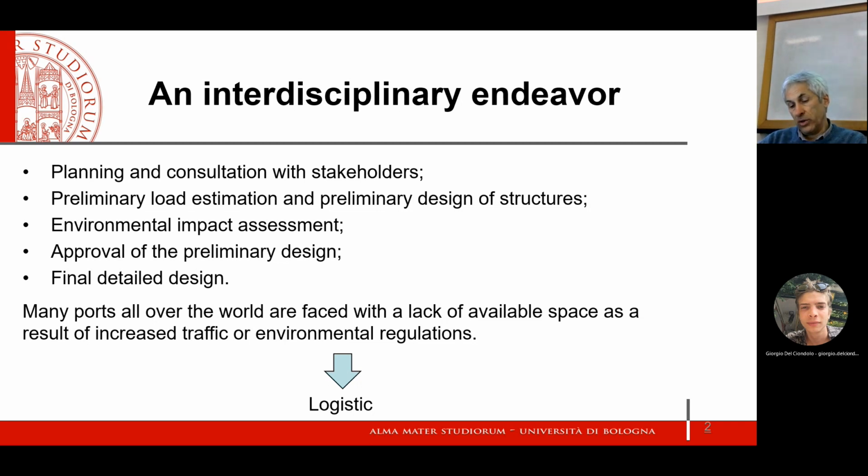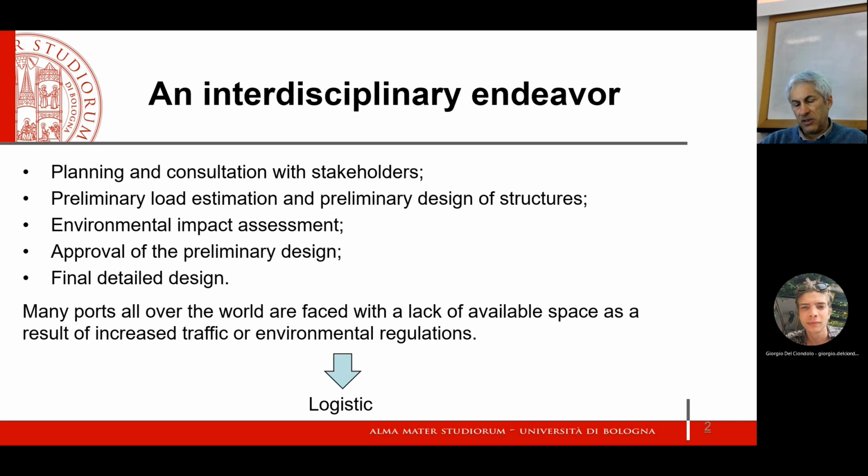So when, for instance, we build water reservoirs, to make an example that is not related to the coastline, when the storage of the reservoir exceeds a predefined amount, then we need to make the environmental impact assessment.